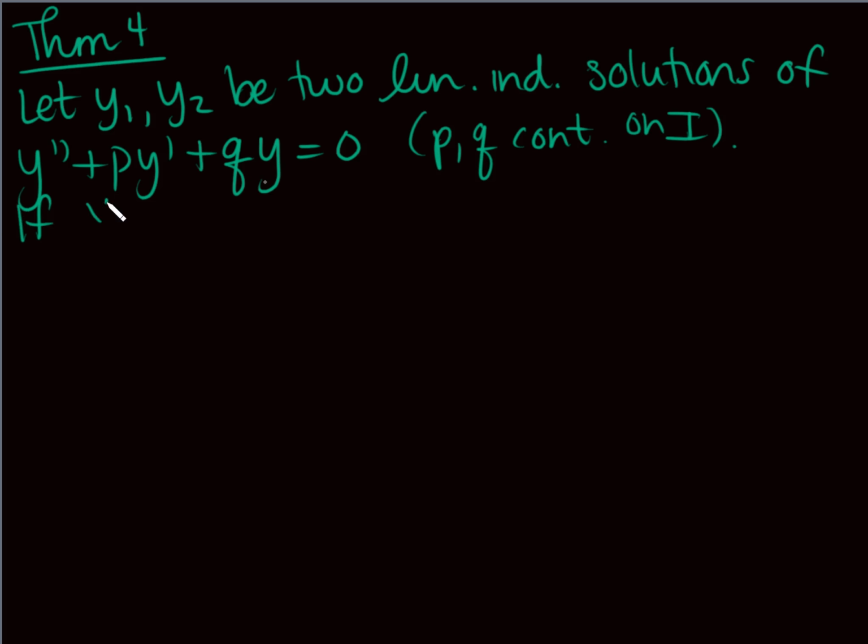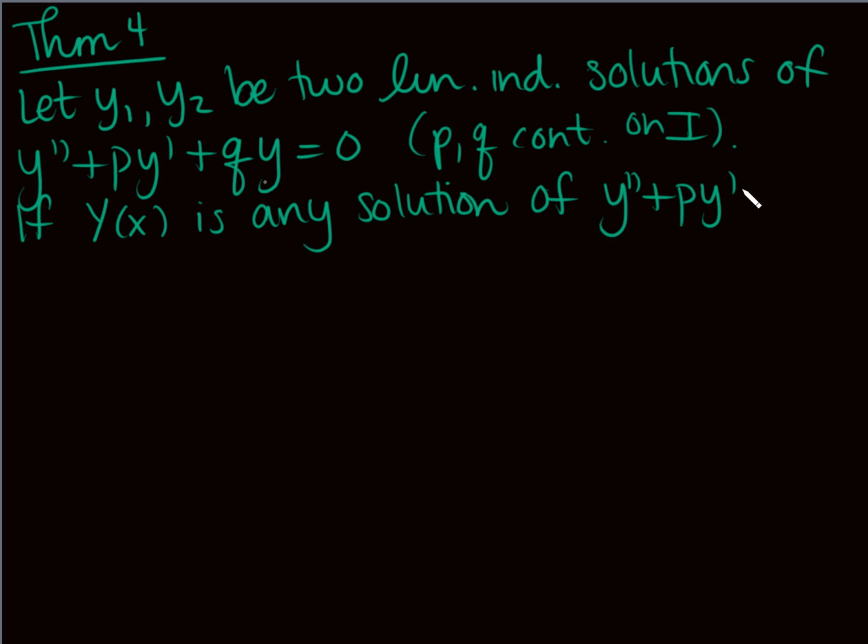If capital Y of x is any solution of this differential equation, and this is the big deal, people, if we pick any solution, it could have more than one.